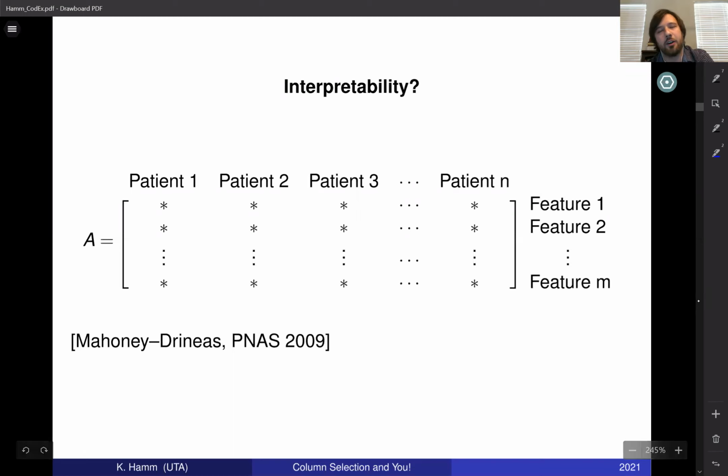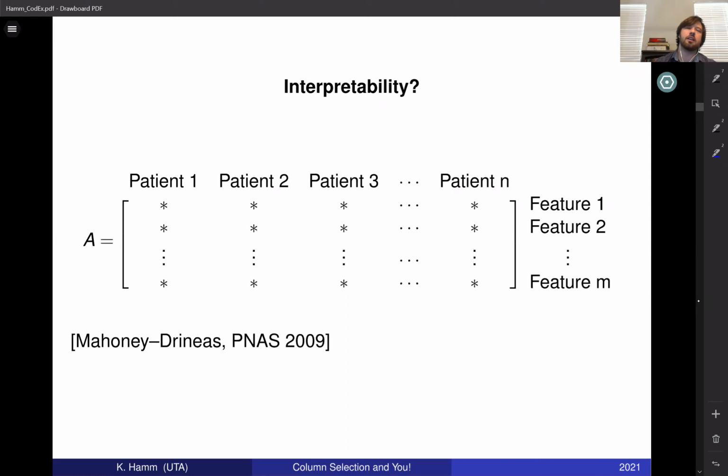And ultimately, I might want to do a variety of things with this data. I could try to do some sort of community detection, where I try to figure out groups within my patients that are similar to each other and then look at their genetic markers. Or I could do that on the gene side and try to group genes together in some natural way to try to find which ones are contributing to a certain disease that I want to understand.